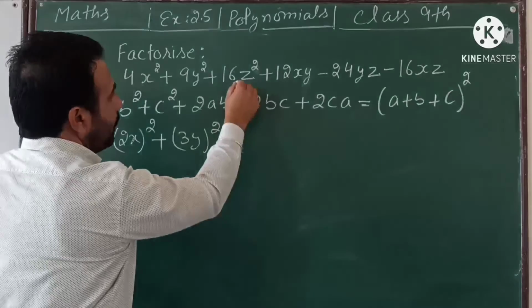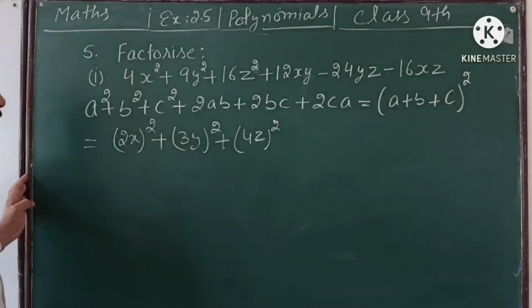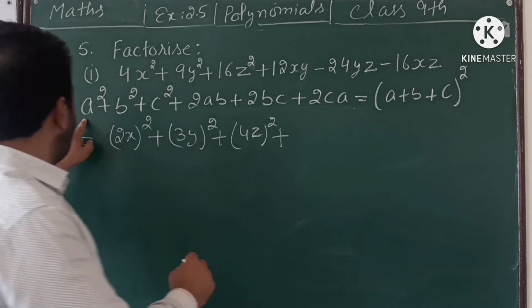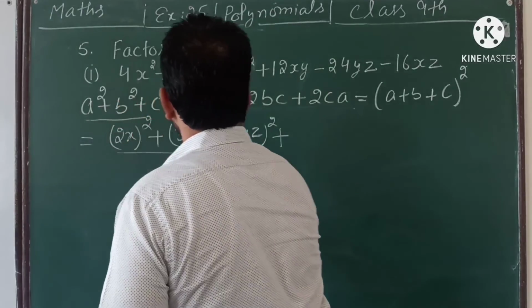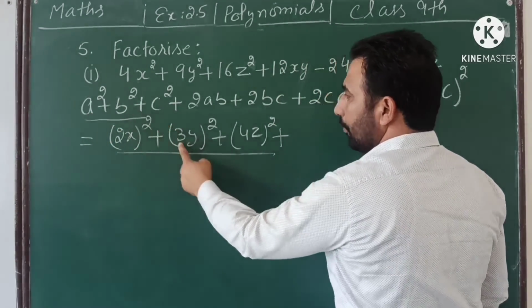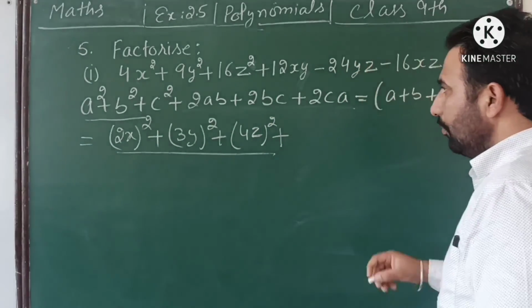So we can write here (4z) whole square. Okay, first of all we will write in proper square form. If we compare from here, we can check the value of a is 2x, b equal to 3y and c equal to 4z.